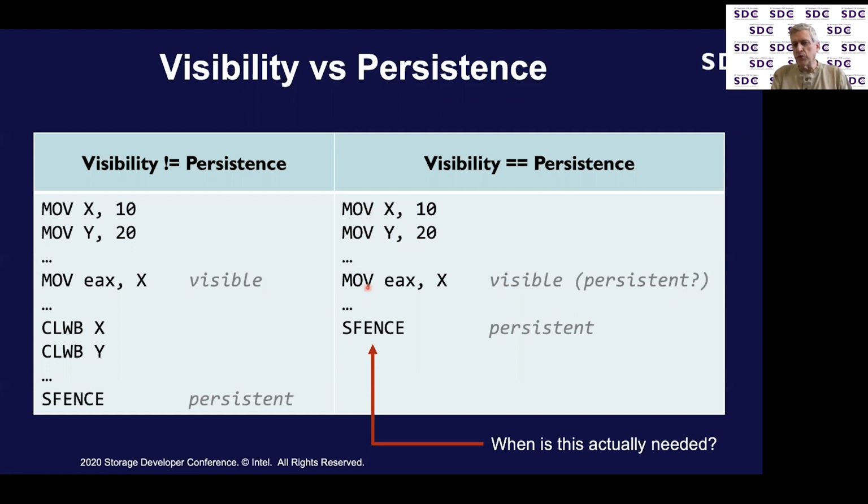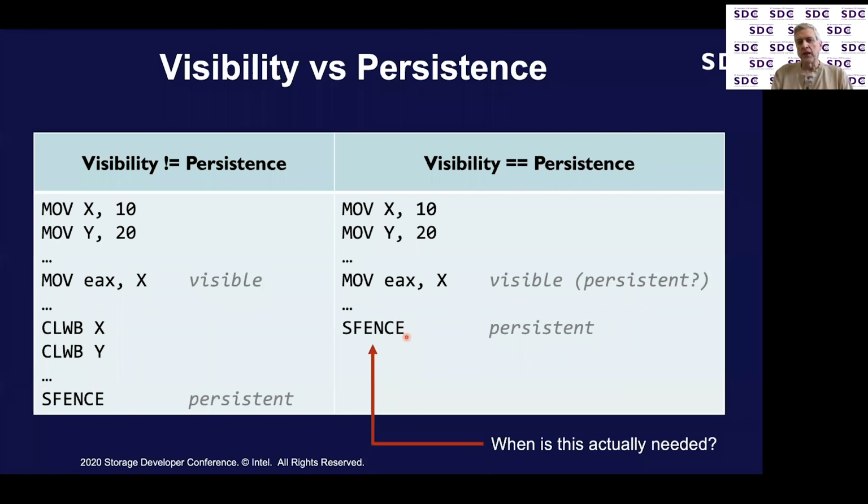If some of these move instructions are not just traditional move instructions like I'm showing here, but they're the non-temporal move instructions I mentioned earlier, which go around the cache, then you really do need the fence. The fence is part of making a non-temporal instruction visible. Non-temporal instructions are actually not cache coherent until you hit the fence.